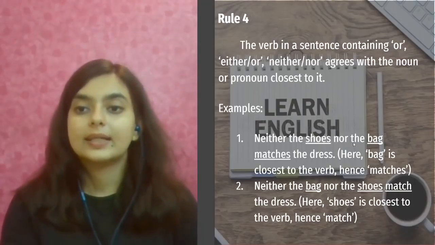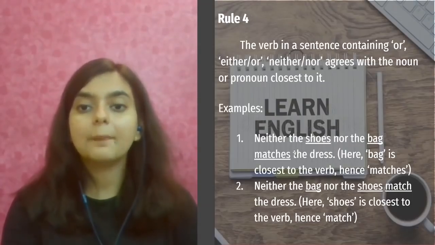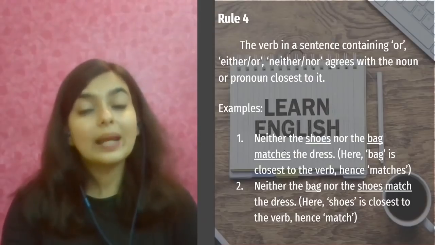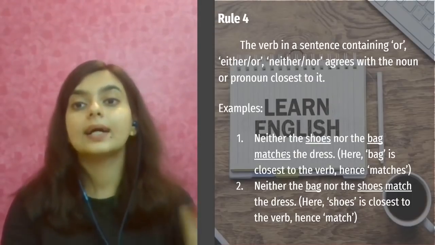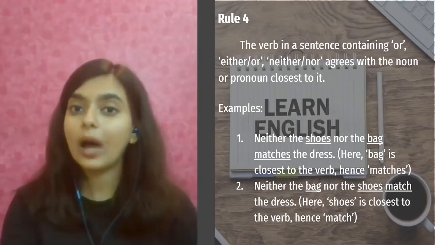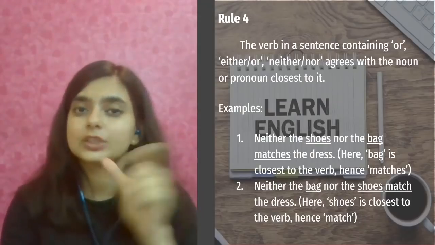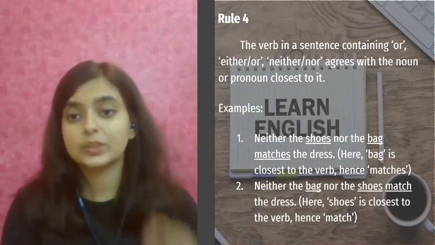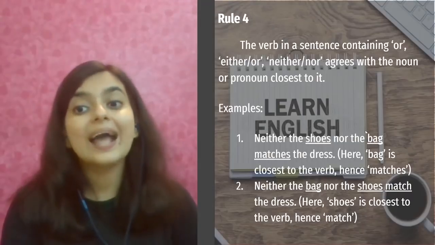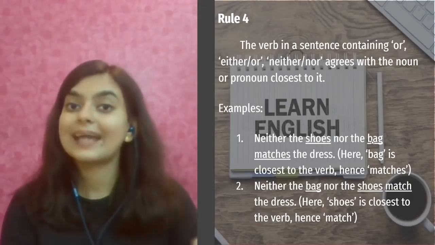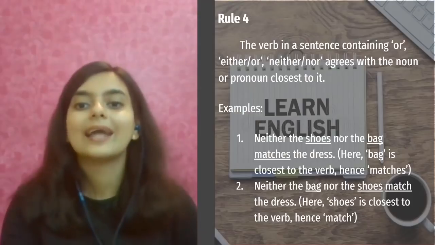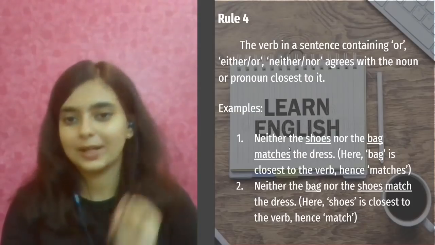Here the verb is matches. It will agree with the noun which is closest to it. What is closest to it? Bag is closest to it. Bag is singular, therefore the verb will also be singular.